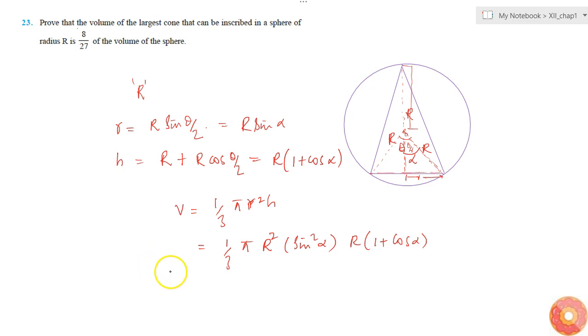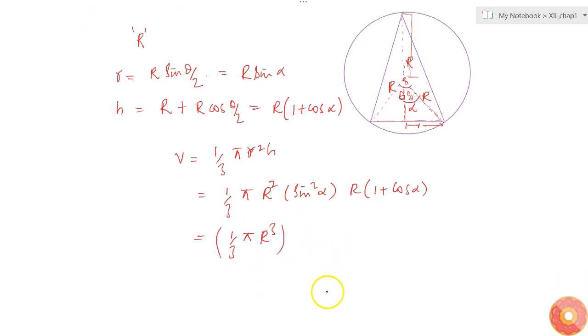So this will be 1 by 3 into pi into R cube. This will be a constant, and then the remaining part will be sin square alpha, which can be written as 1 minus cos square alpha. Then we get 1 minus cos square alpha into 1 plus cos alpha, or 1 minus cos square alpha minus cos cube alpha plus cos alpha. So this is a function we'll get in terms of cos alpha.